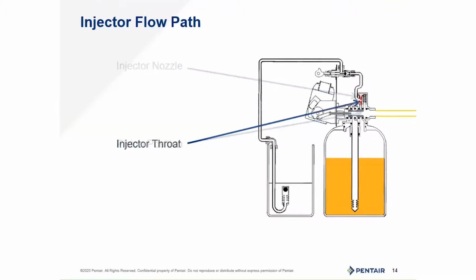Okay? That's going to go through that nozzle, through the throat. And that is going to do one thing for us, cause a pressure drop inside this injector body. And that will create a vacuum on this line going down to the brine tank.